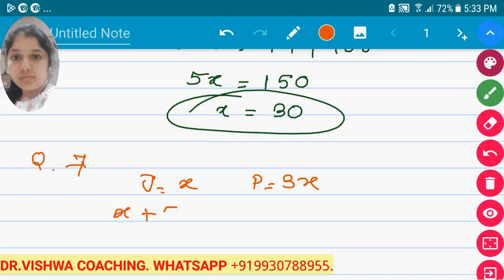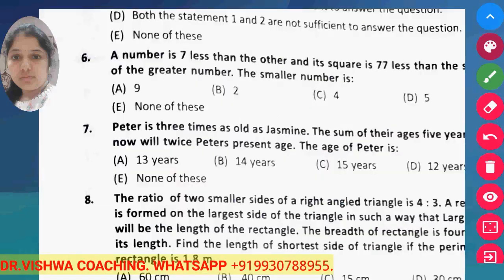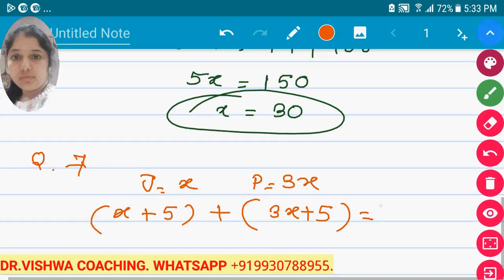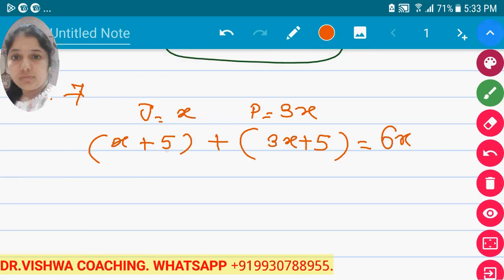After 5 years, Jasmine's age is x plus 5, Peter's age is 3x plus 5, and their sum is twice Peter's present age, which is 3x. So 2 into 3x means 6x. So the equation is formed.